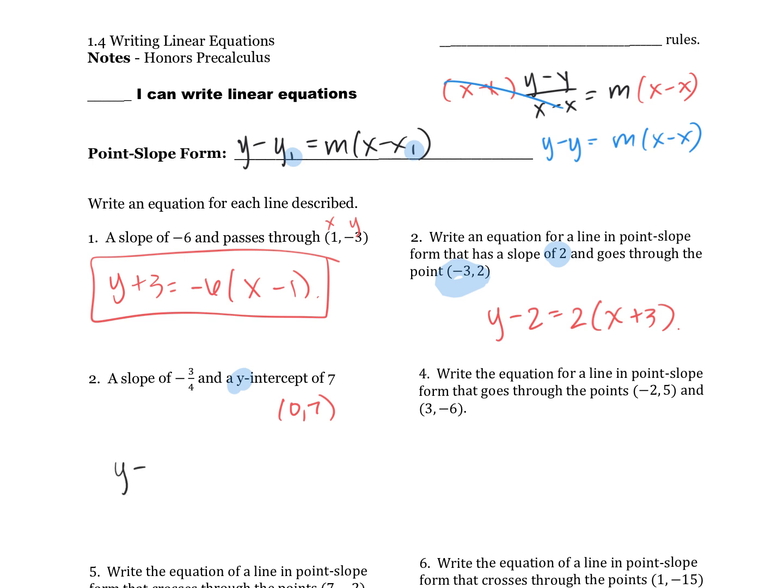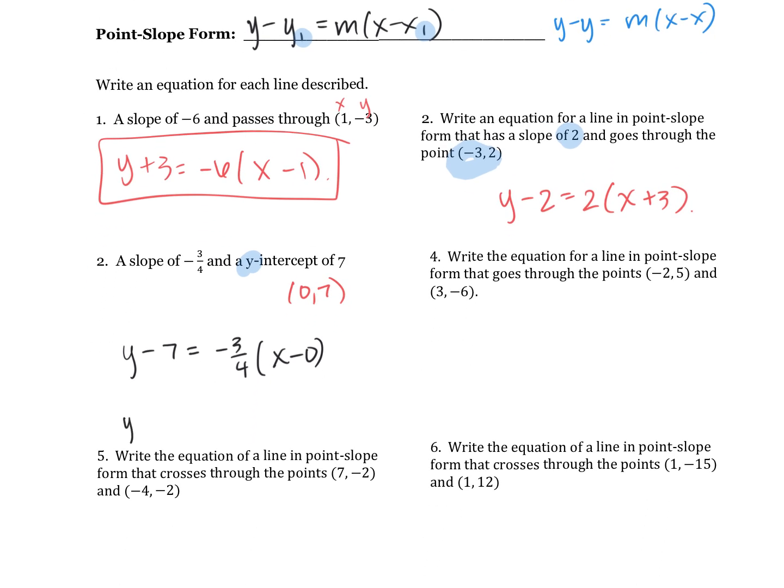What was my y here? 7 equals my slope, which was negative 3/4, times x minus, what was my x coordinate? 0. You could write it right there. If Ben's like, that seems a little ridiculous, could I just say y minus 7 equals negative 3/4 x? Sure. You could put either of these. I don't care.